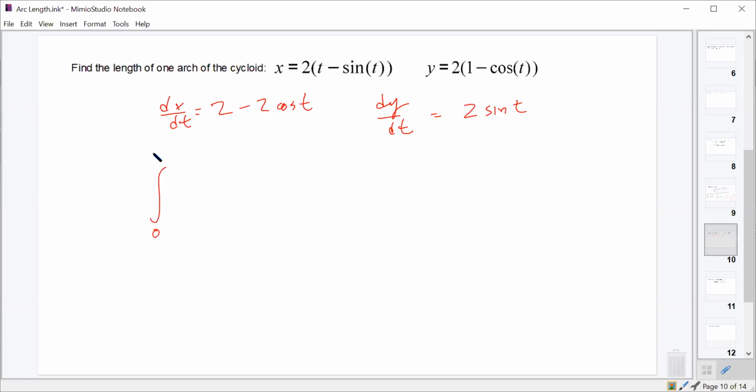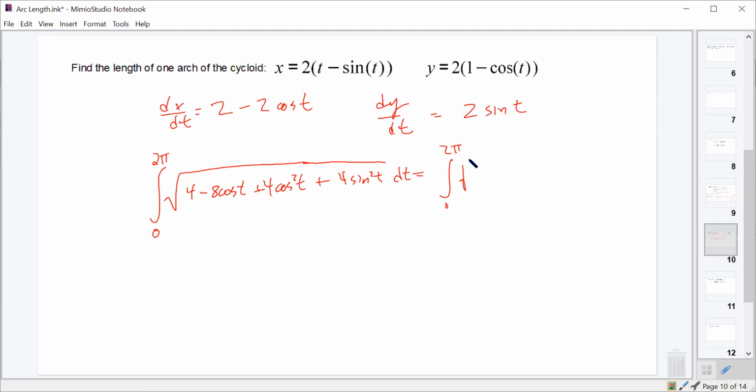We will integrate then from 0 to 2 pi the square root of dx/dt squared plus dy/dt squared, which is going to be 4 minus 8 cosine t plus 4 cosine squared t plus 4 sine squared t, dt. 4 cosine squared t plus 4 sine squared t ought to be just 4.